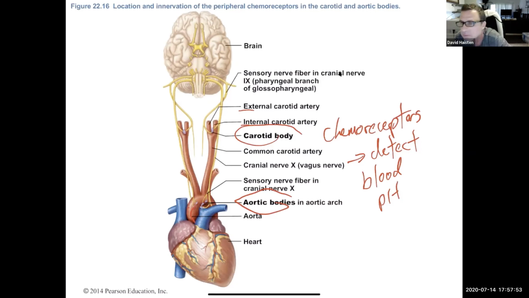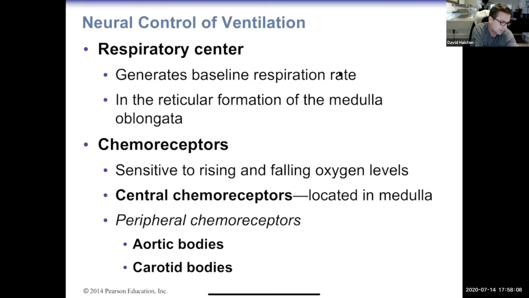Also, blood being sent up to your brain better have a lot of oxygen in it. So the carotid bodies are picking up on what blood's like going to your brain. This is important. There's also central chemoreceptors located in the medulla oblongata itself. They're actually sampling the cerebral spinal fluid to see what oxygen levels are like.